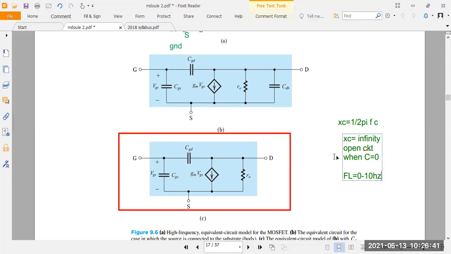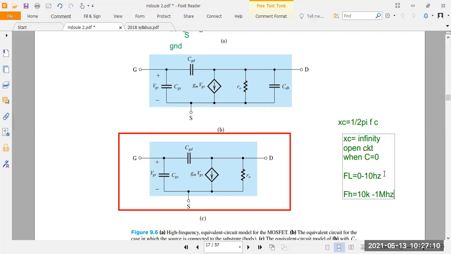Understood? But in this figure, we are drawing the large signal equivalent model. The large signal equivalent model means we are considering a higher frequency, in the range of 10 kilohertz to 1 megahertz.